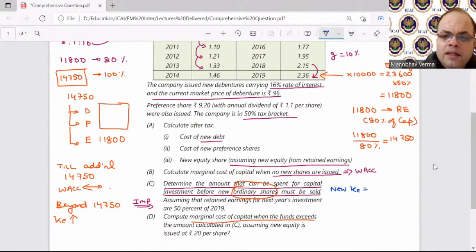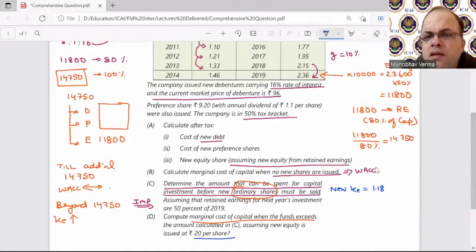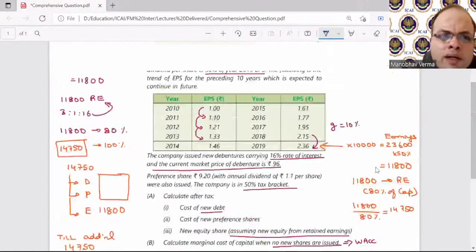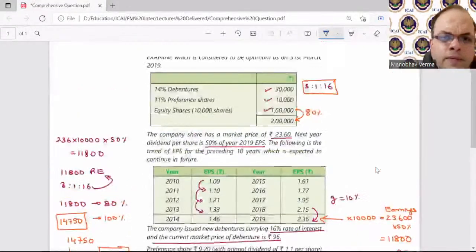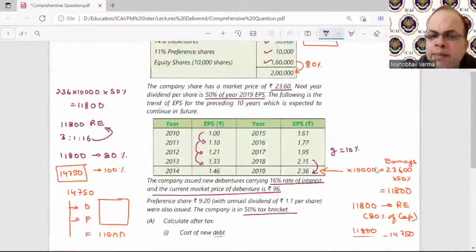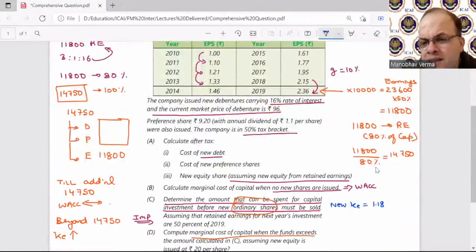New equity is issued at 20 per share. So what will be the amount I should be using here? I had 1.18, I guess that was my D1. 1.18 over my net proceeds, which are now less, plus a growth rate of 0.10. Can anyone tell me what is the new cost of equity here?